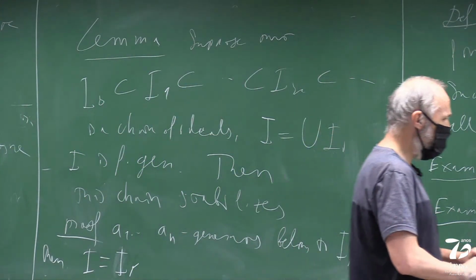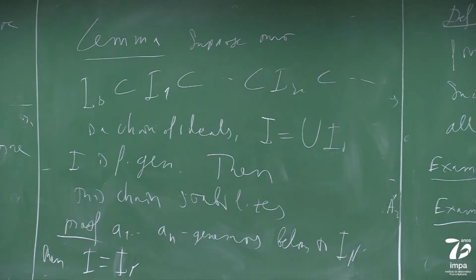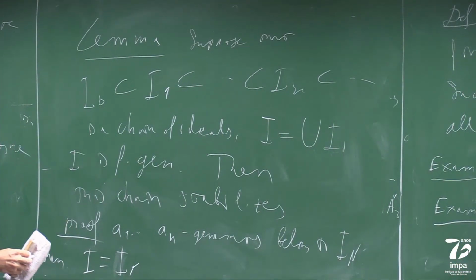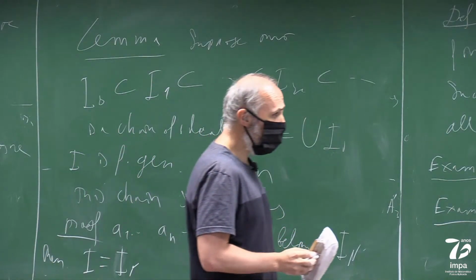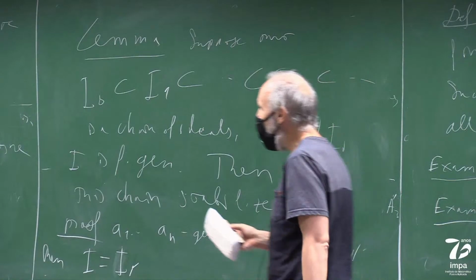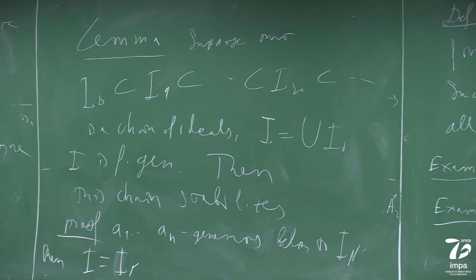Okay, this was the argument relating finite generatedness and Noetherianness, which is pretty much the same if you do it with some care. Okay, so the first claim, which is almost straightforward and obvious: if you have a ring with all ideals finitely generated, it is Noetherian.